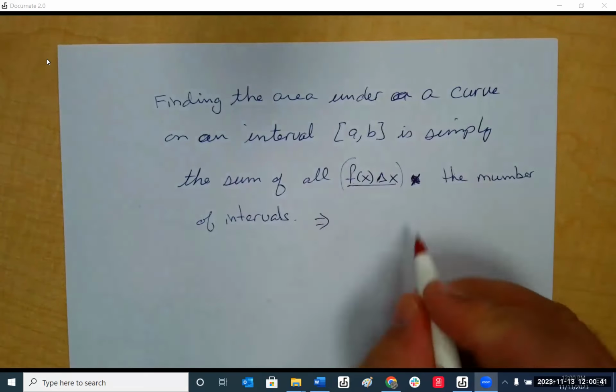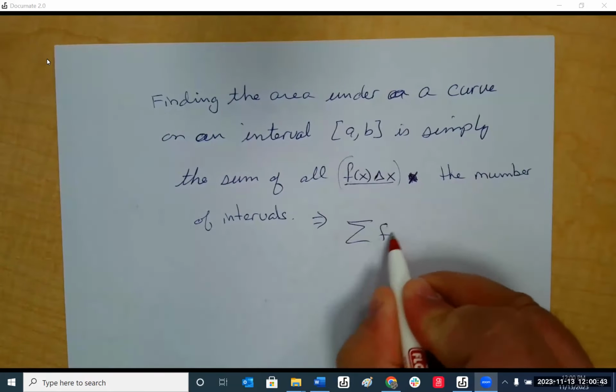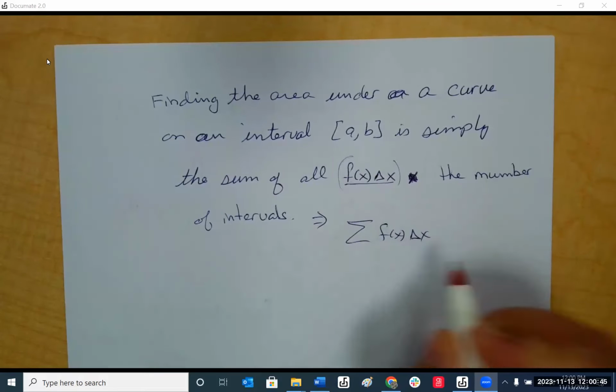And the way this is written is the summation of f of x delta x.